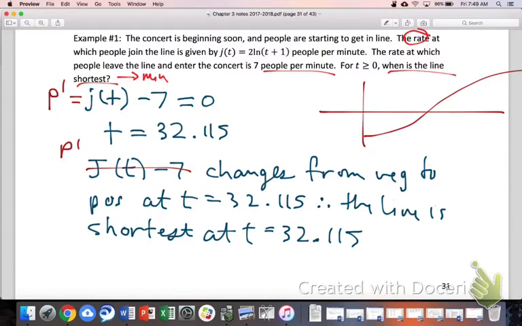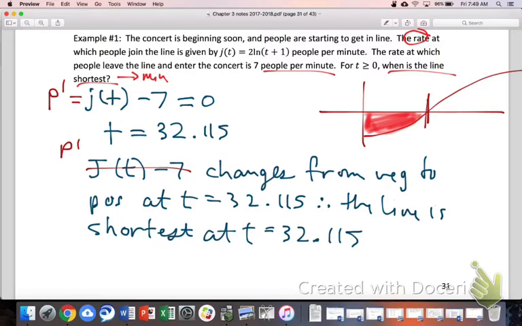Right? So Catherine, check this out. From t equals 0 up to t equals 32.115, wouldn't it be fair to say on this whole interval, the net rate is negative? So that means from t equals 0 to t equals 32.115, the line is decreasing in length. Make sense?